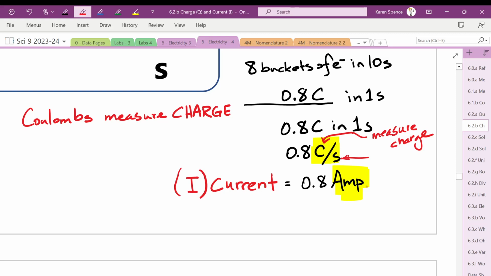What do seconds measure? Seconds measure time.